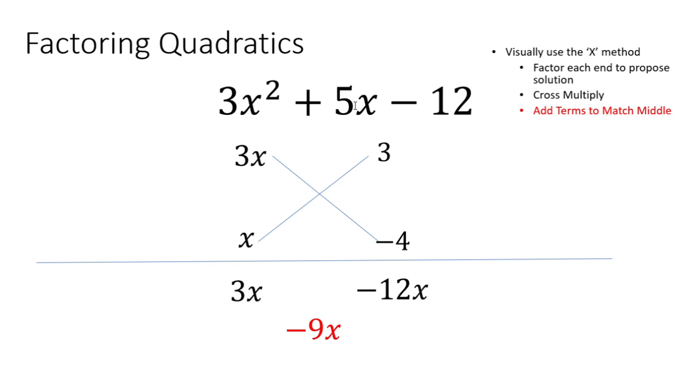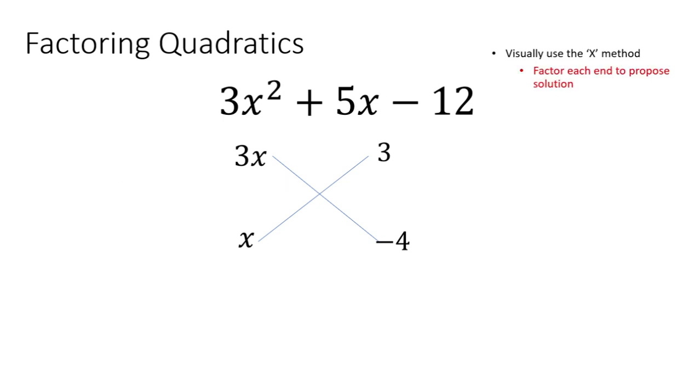So what that implies is that our first proposed solution is not correct, and we need to try some more combinations. So the combination we just tried was 3x and x for 3x squared, and 3 and negative 4 to factor negative 12. Well, what happens if we just flip these negative 4 and 3? So negative 4 we'll put on the top, and 3 we'll put on the bottom.